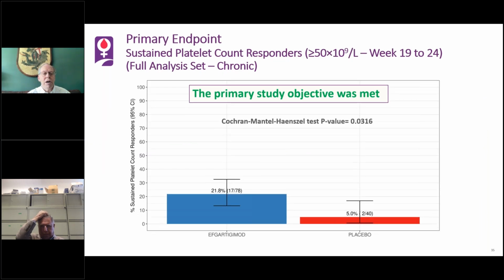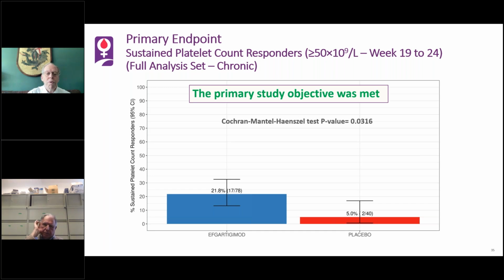It was randomized 2-to-1 to give the active agent, the efgartigimod, to patients as opposed to giving a placebo. And there were 80-some people getting efgartigimod and 40-some getting placebo.